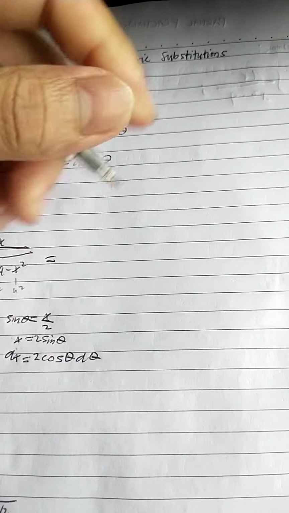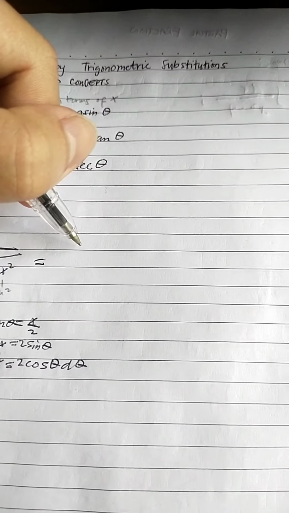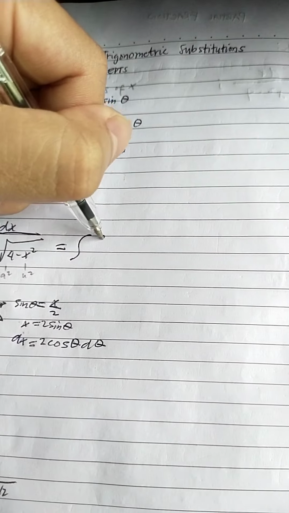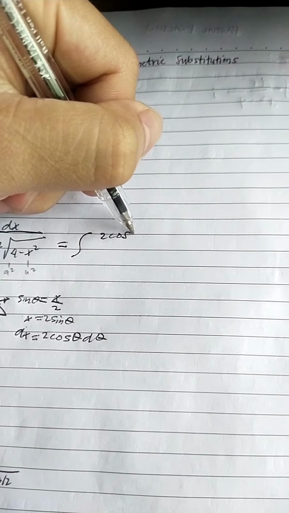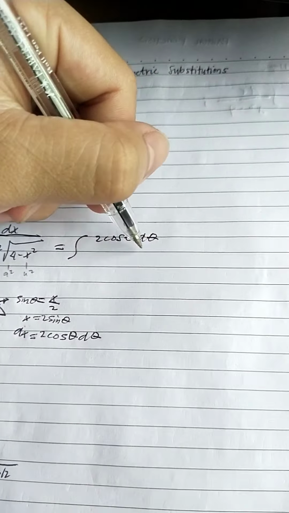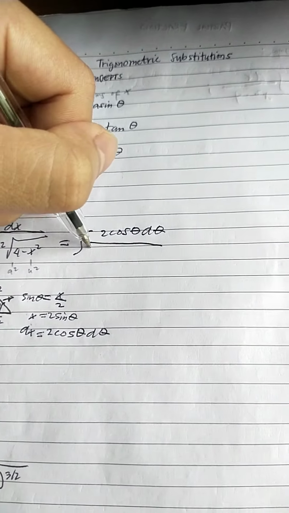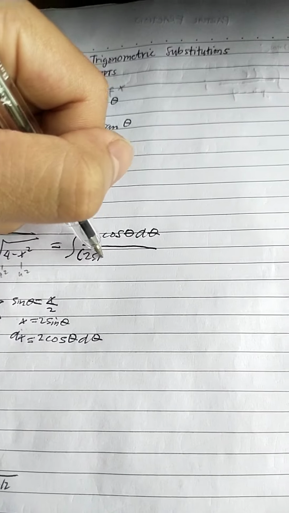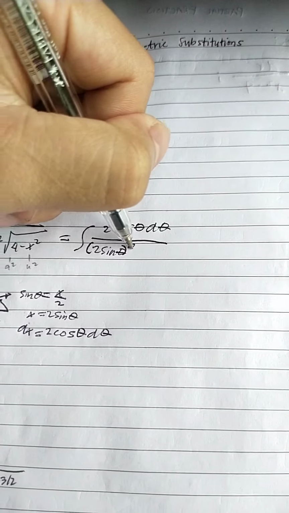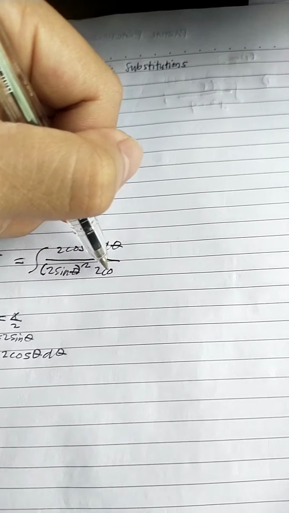So this is equal to the integral of 2 cosine theta d theta all over 2 sine theta squared times 2 cosine theta.